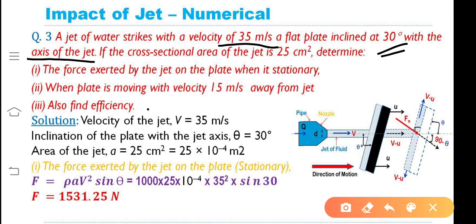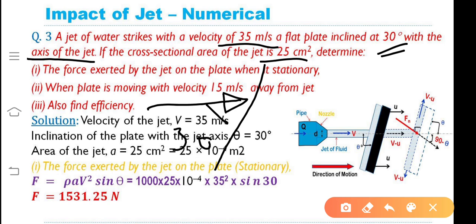What do you mean by that? This is the axis of the jet, that is the flow direction. The plate is inclined by 30 degrees. That is the meaning of the statement. If the cross-sectional area of the jet is 25 centimeters squared, determine: 1.